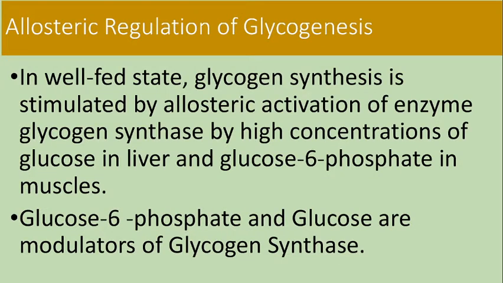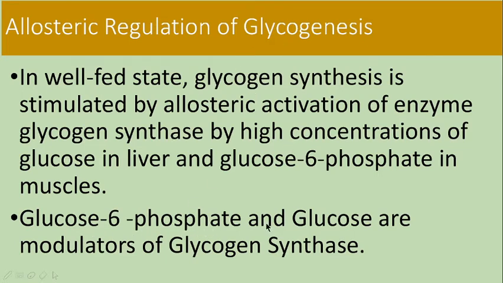Here, in the well-fed state, glycogen synthesis will be stimulated by allosteric activation of the enzyme glycogen synthase by the high concentration of glucose in the liver and glucose 6-phosphate in the muscle. So the high concentration of glucose and glucose 6-phosphate established during this well-fed state will in turn stimulate the glycogen synthase enzyme to activate glycogenesis.